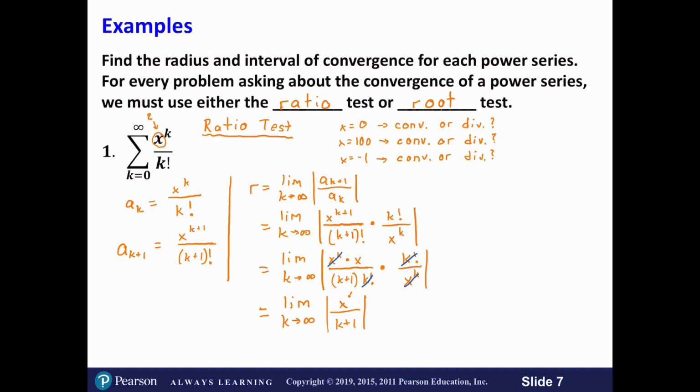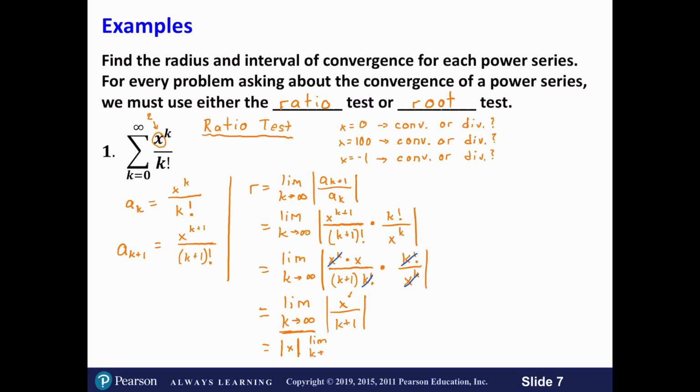Since this is an x, and x is not k, we can actually pull it outside of this limit. So we could rewrite this like this. We could write this as the absolute value of x. We have to keep that absolute value there because we don't know if x is positive or negative.